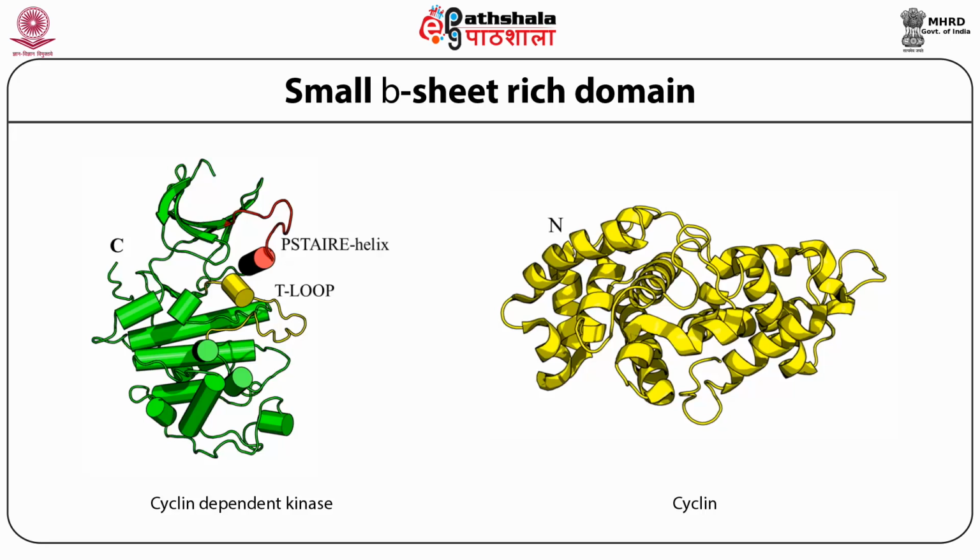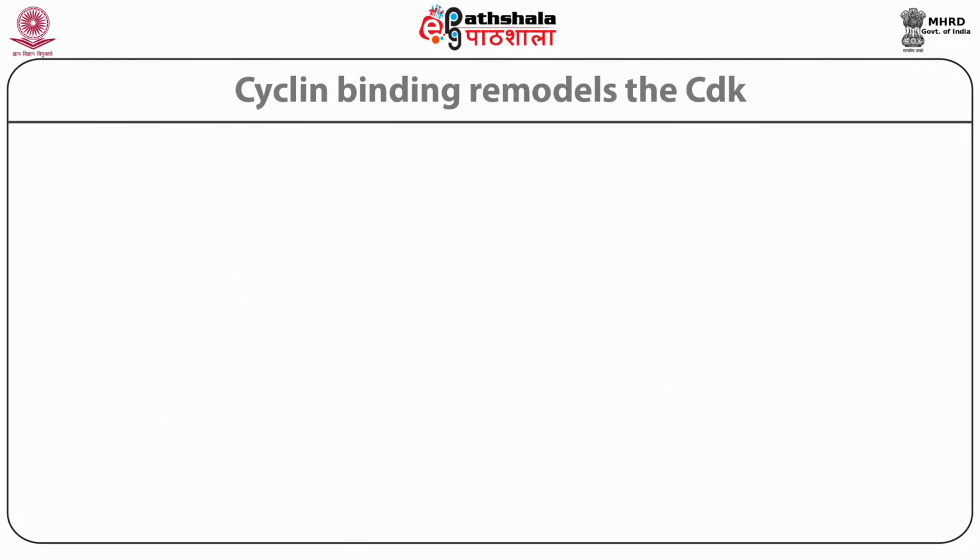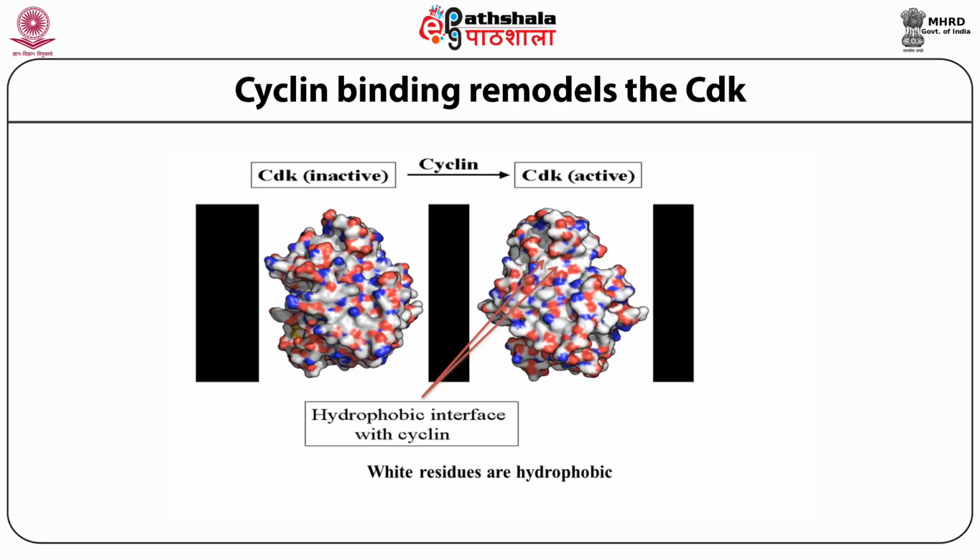The cyclin is mostly a rigid structure. The cyclin dependent kinase is shown in two states. One is the CDK in the inactive state when it is not bound to cyclin, and the other is bound to cyclin in an active conformation.